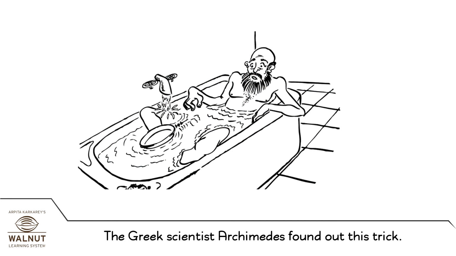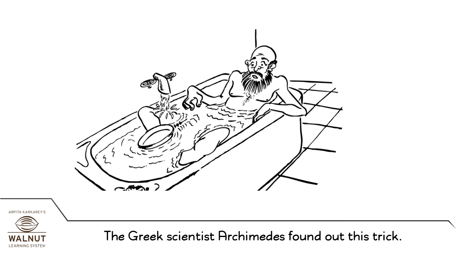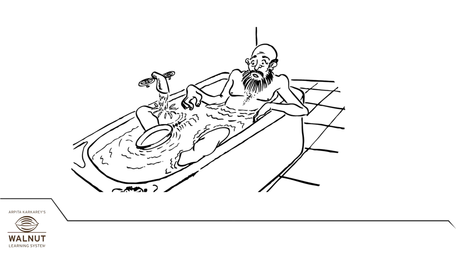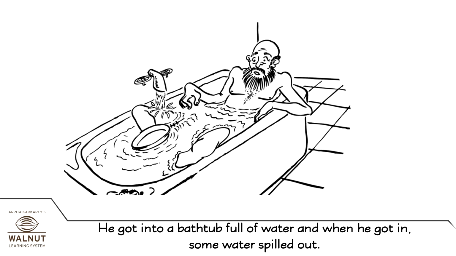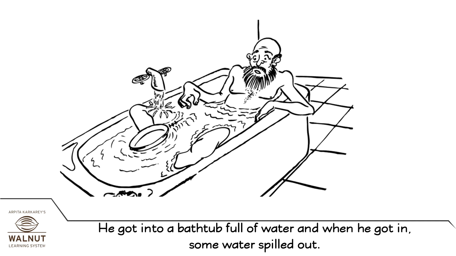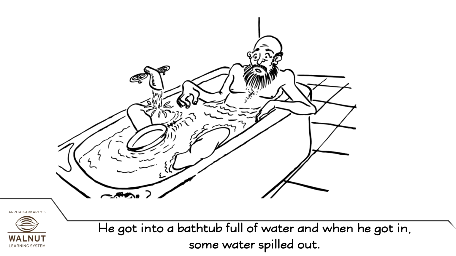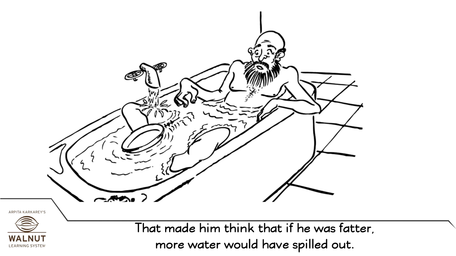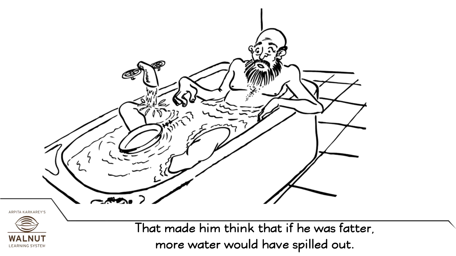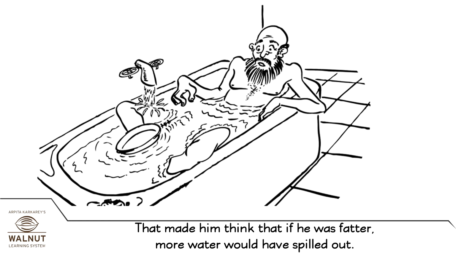The Greek scientist Archimedes found out this trick. He got into a bathtub full of water, and when he got in, some water spilled out. That made him think that if he was fatter, more water would have spilled out.